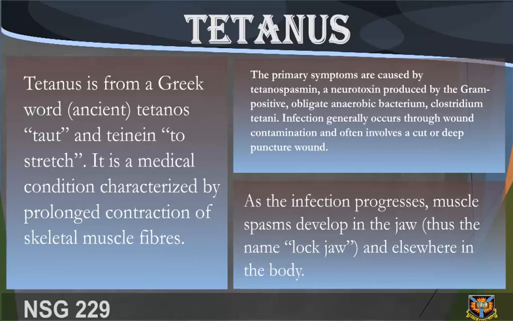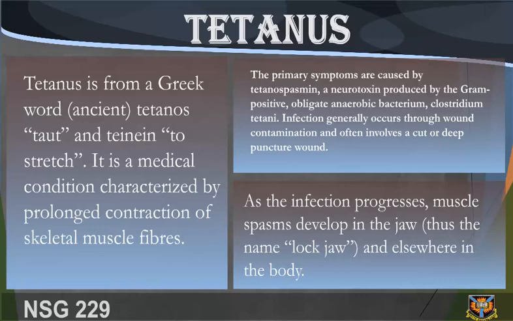Tetanus. Tetanus is from a Greek word, tetanos, from teinein, to stretch. It is a medical condition characterized by prolonged contraction of skeletal muscle fibers. The primary symptoms are caused by tetanospasmin, a neurotoxin produced by the gram-positive obligate anaerobic bacterium Clostridium tetani.